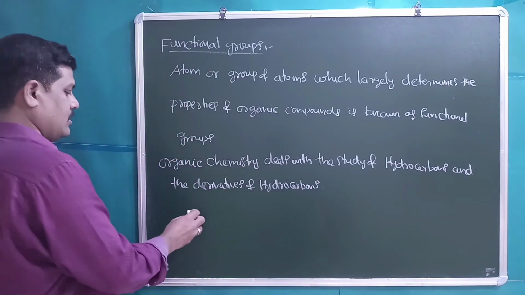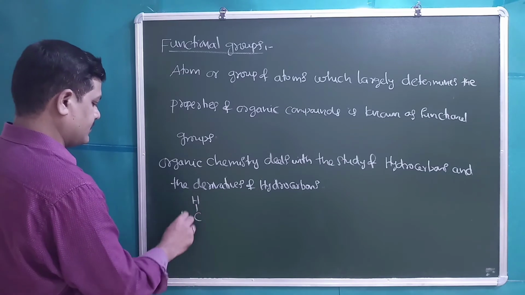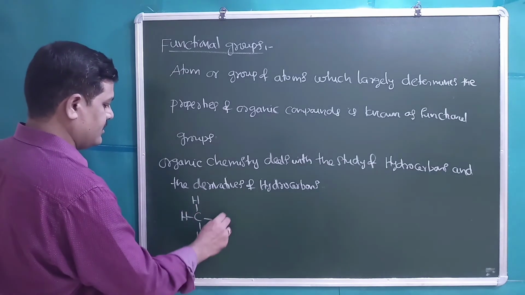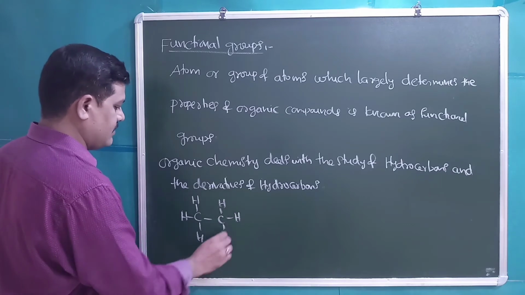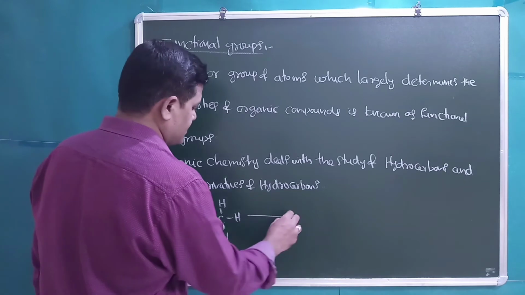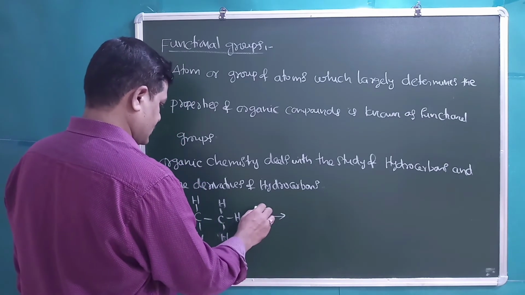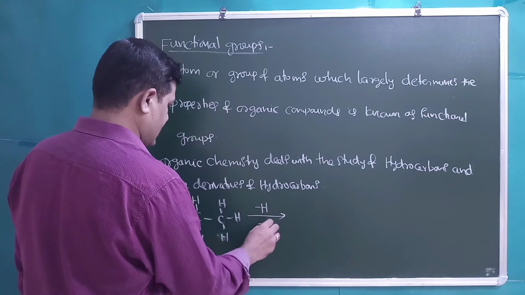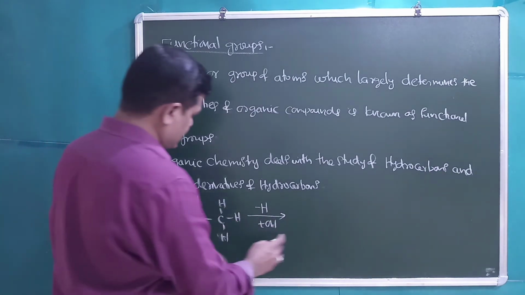For example, we'll take a formula like CH3CH3, ethane, right? One of the hydrogen atoms is replaced with the OH group, minus H and plus OH. So one of the hydrogens is replaced with the OH group.